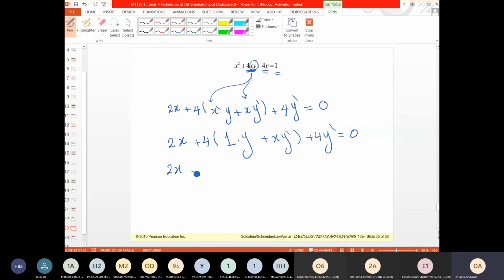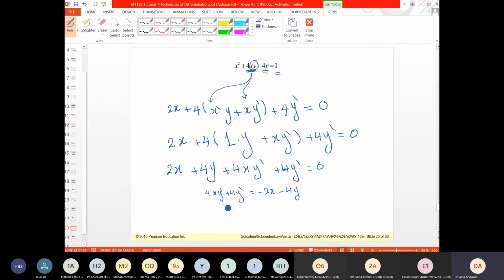This is 2x plus 4y plus 4xy dash plus 4y dash equal to 0. What should I do? Keep the y dash on one side and whatever goes to the right hand side. So this will be 4xy dash plus 4y dash equal minus 2x minus 4y.